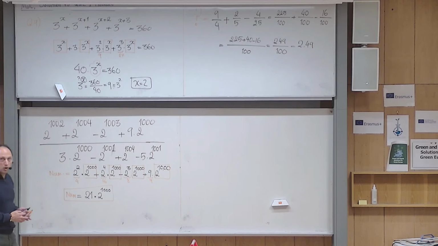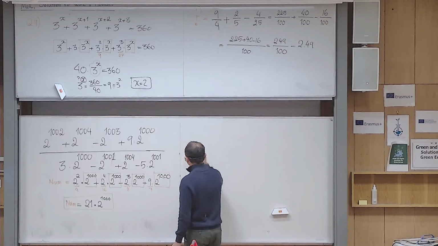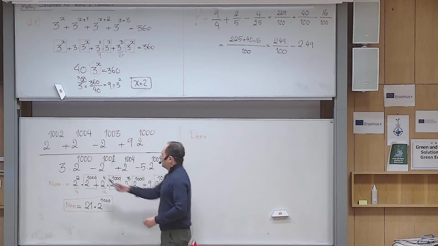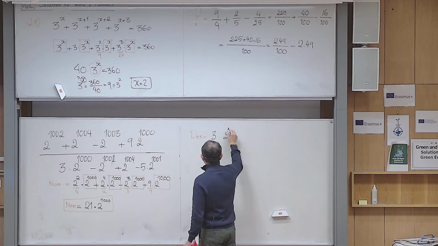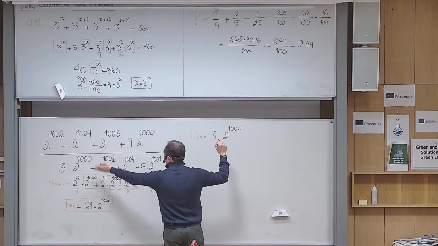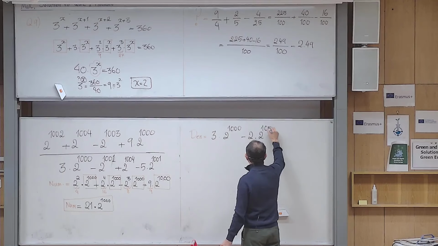Okay, and now I will go for the denominator with the same trick. So the denominator: this is already good enough, so I would write it as 3 times 2 to the power of 1000. The next one, I have 1 extra 2 that I pull out, so it becomes 2 times 2 to the power of 1000.